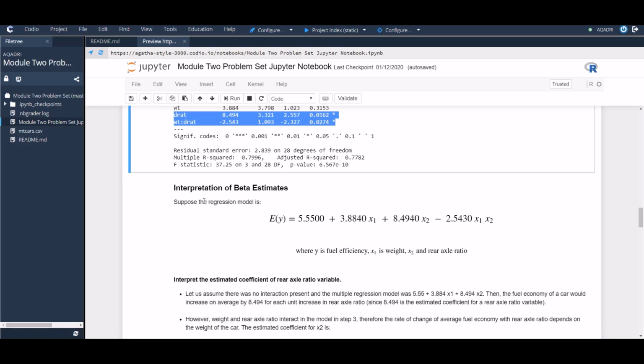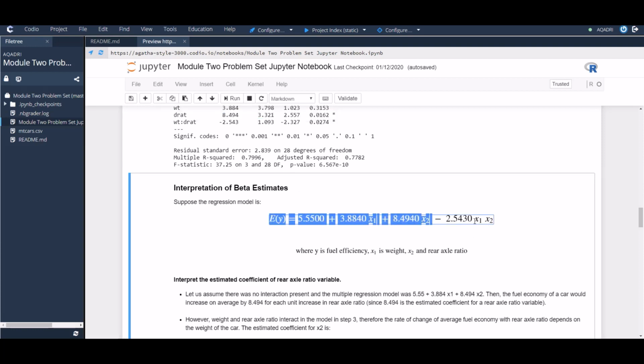So recall last week, if we only had this model up until here and we did not have the interaction term, then we could say that a unit increase in predictor x1 would cause an increase in the response variable by 3.8840 units. Similarly, 1 unit increase in predictor x2 would lead to an increase of 8.4940 units.